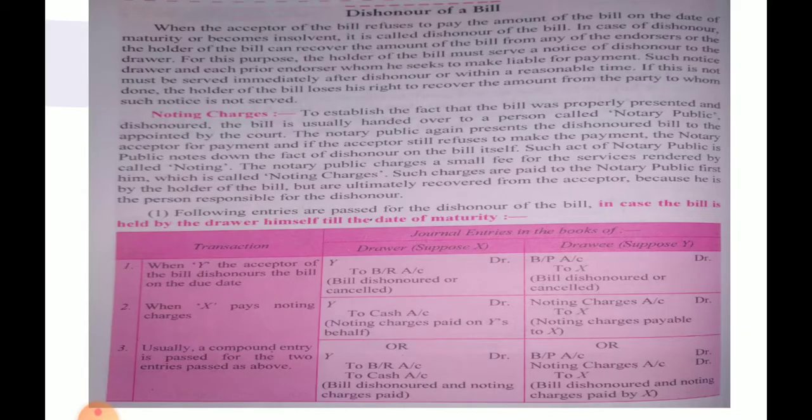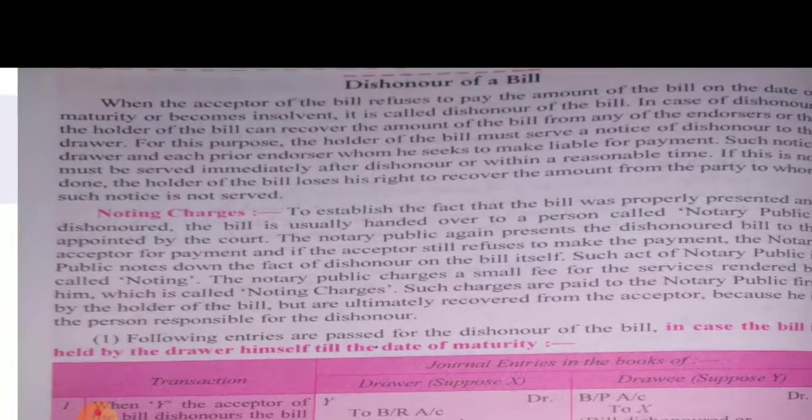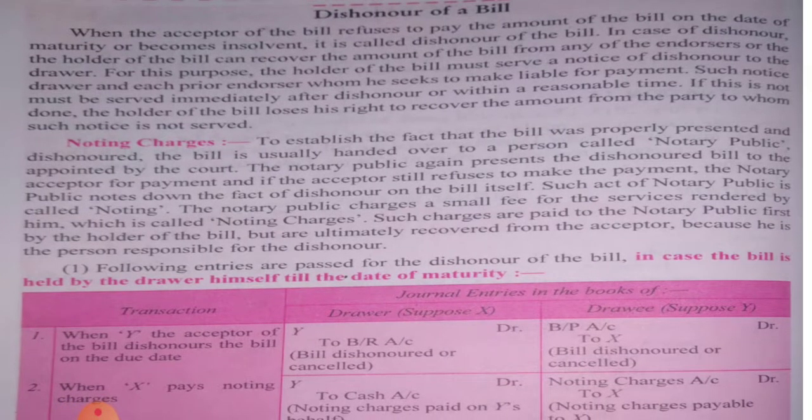Now, dishonor of a bill. Dishonor of the bill is a very important topic. Sometimes the bill is refused payment on the due date, the maturity, or the acceptor becomes insolvent. It's called dishonor of the bill. In case of dishonor, the holder of the bill can receive the amount of the bill from any of the endorsers or the drawer.